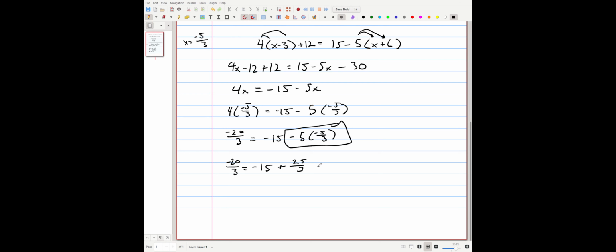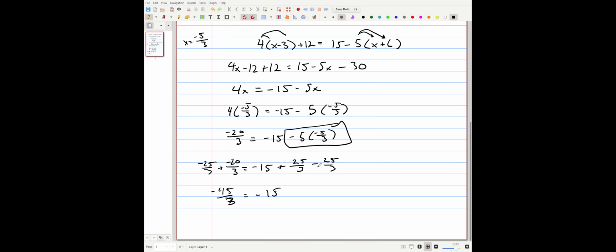And then we can subtract negative 25/3 on both sides. And so we get negative 45 over 3 on this side. This is negative 15. But negative 45 over 3 just simplifies to negative 15.